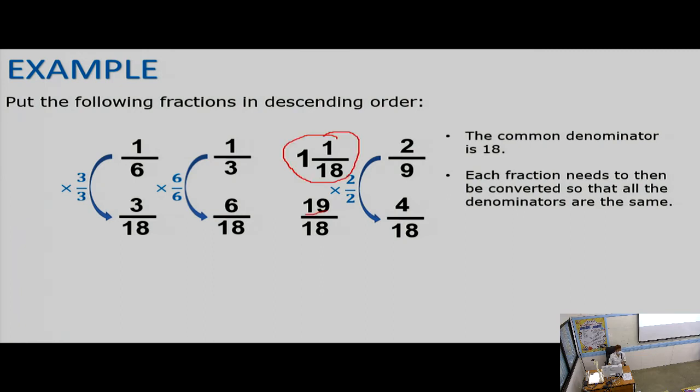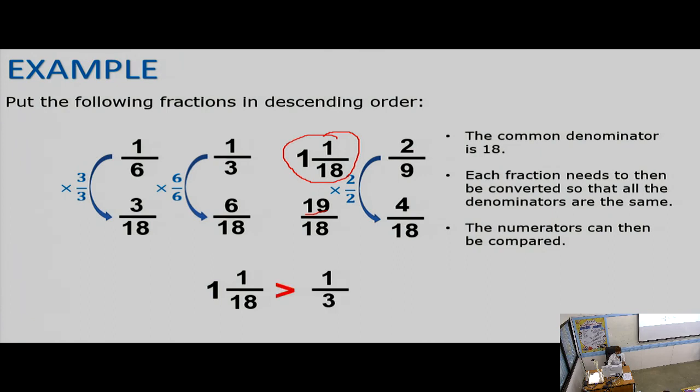So that is 19 over 18, which is 1 and 1 over 18. What's next? 1 over 3. Then 2 over 9. And then 1 over 6. So this will be the order of the given fractions. Understand?